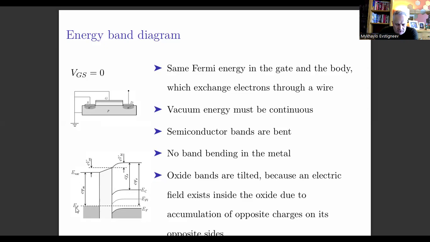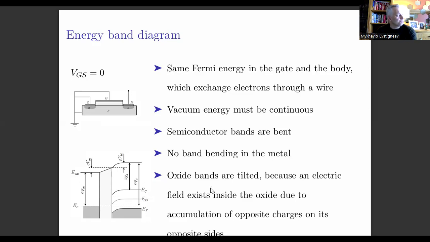The Fermi energy is constant throughout the device. This line represents the intrinsic Fermi energy in the semiconductor, and I take it to be right in the middle of the band gap. There are no relevant bands in the dielectric; we do not care about the bands in the dielectric.